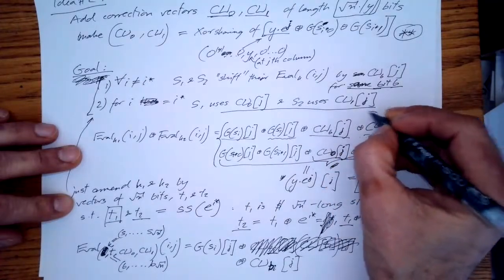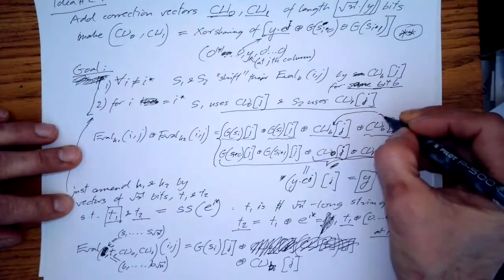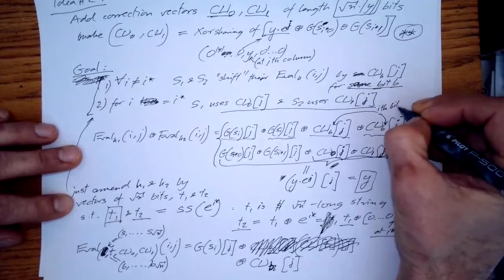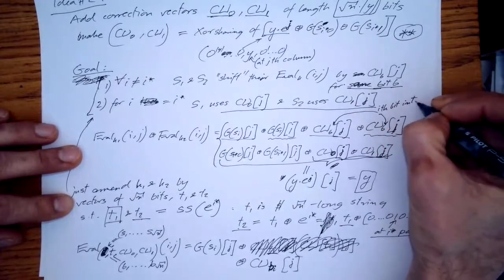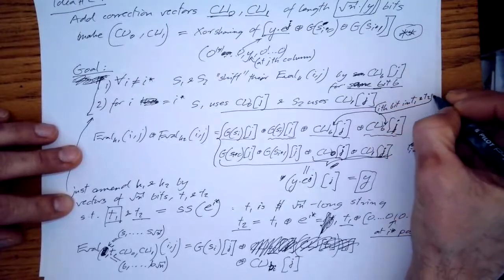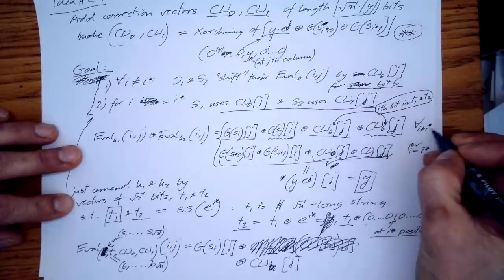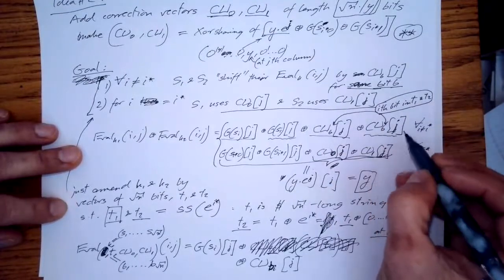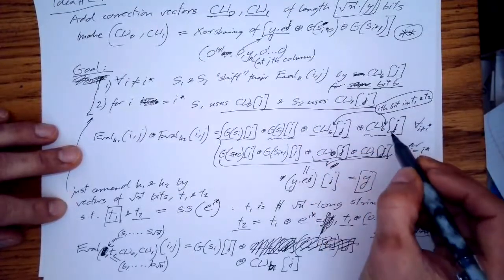So this B is the I-th bit in T1 and T2. At I different from I star, these two bits are the same.